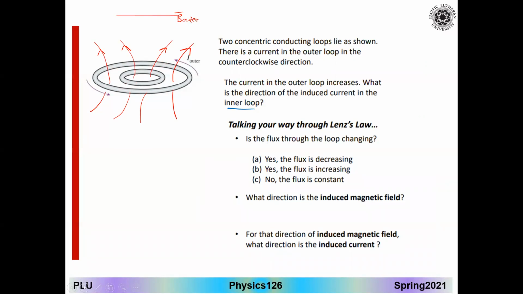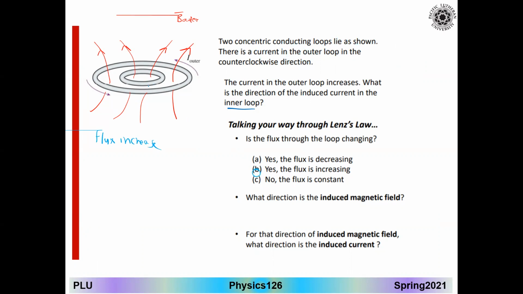Now, based on the magnetic field crossing the inner loop, when they increase the current, increasing the magnetic field, by Lenz's law we have increased flux. So we have flux increase. The same thing, flux will be increased. That's the answer for this case.